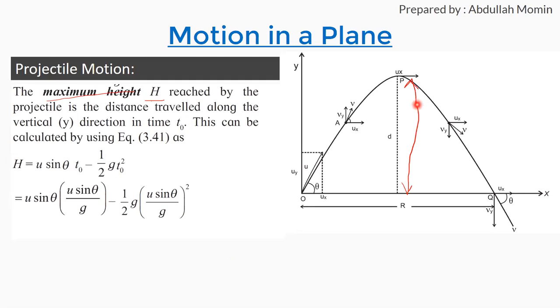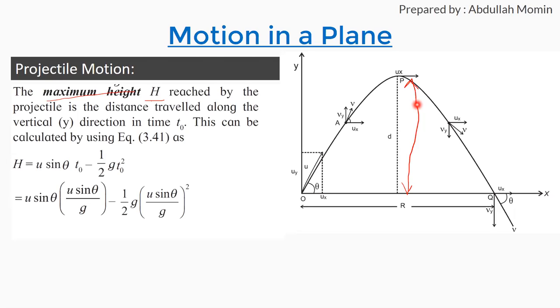Now this can be calculated using the previous equation and one of the kinematical equations, that is S is equal to ut plus half at square, where t is the time taken by the projectile to move from point O to point P. Let us take the time taken by the projectile to travel from point O to point P as t naught.